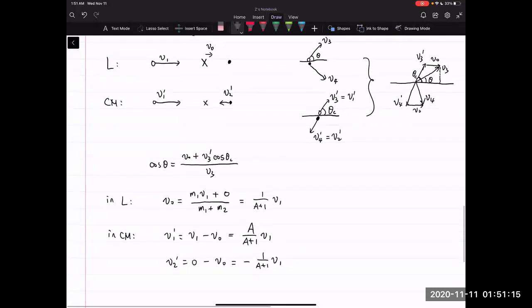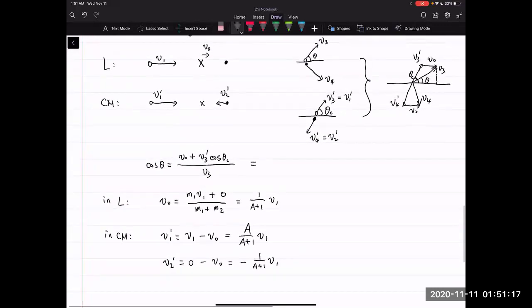You can put this back in here and find that cosine theta is equal to 1 plus A times cosine theta c, divided by V3, which would be equal to the square root of A squared plus 1 plus 2A cosine theta c.